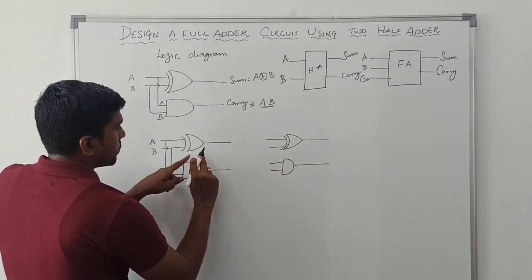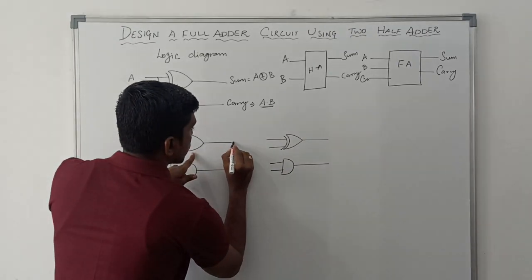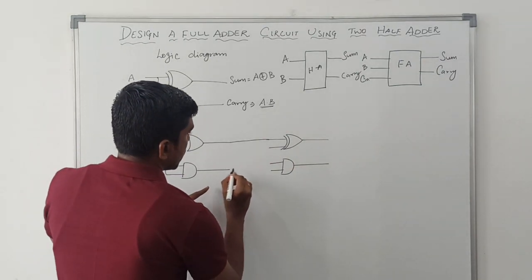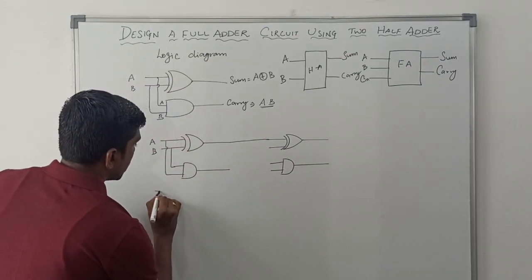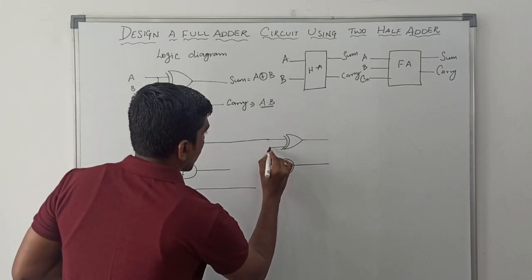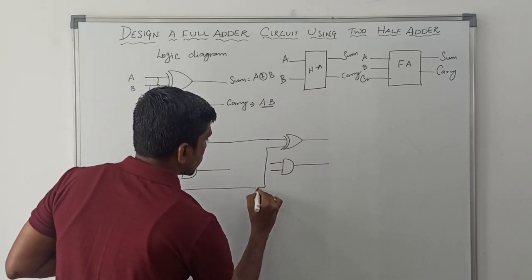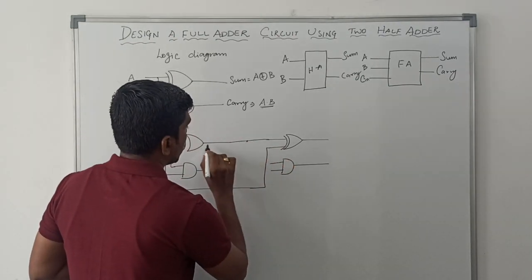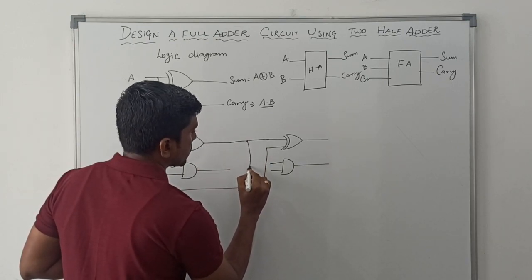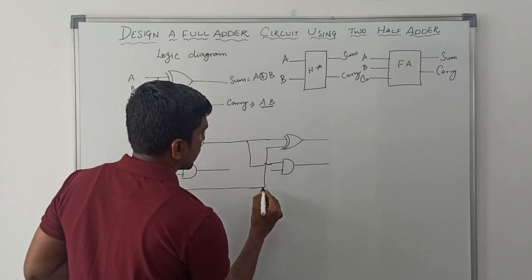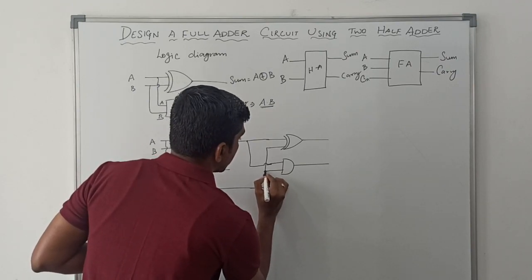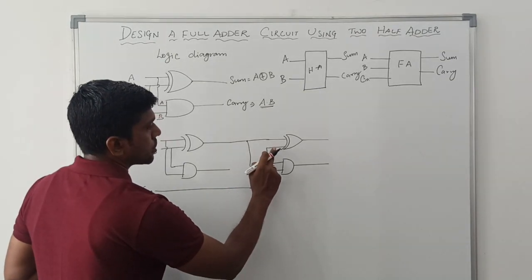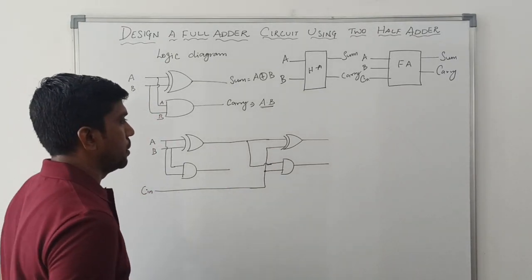The output of the first XOR gate is connected to the input of the second XOR gate, and the third input C in is connected to the second input of the XOR gate. The output of the first XOR gate is also connected to the input of the second AND gate. Then C in is given to both the AND operation and the XOR operation inputs.